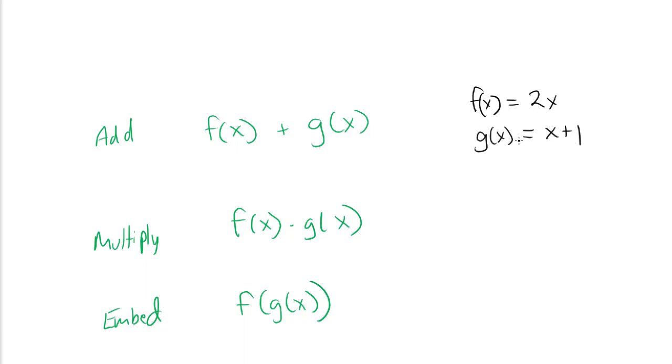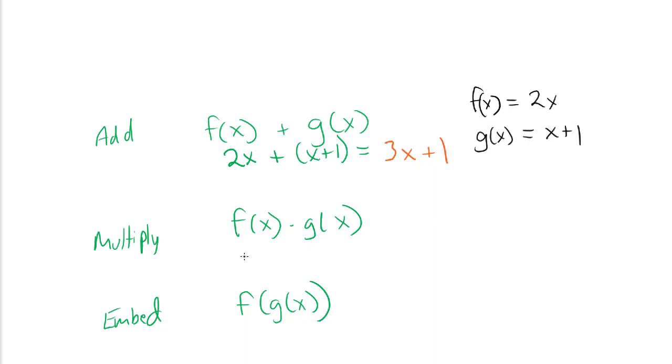Well, that's kind of like adding two polynomials. It's f of x is 2x plus my g of x, which is x plus 1, and I combine the like terms. The answer is going to be 2x plus x is 3x plus 1. I just add the different functions and their polynomials.